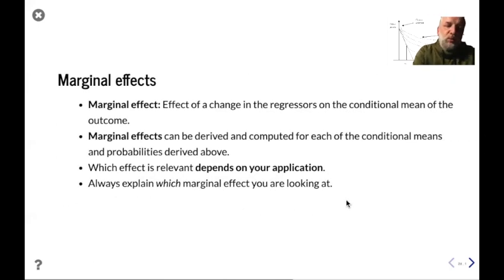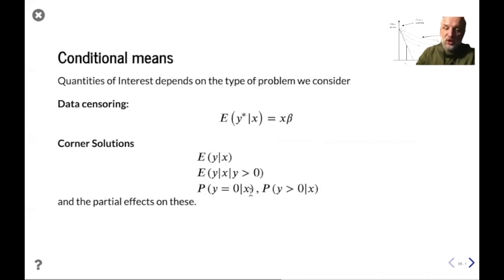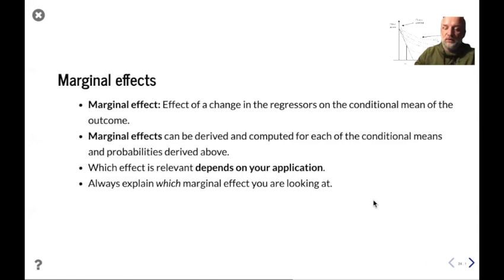And then when you calculate partial effects, you really have to think about whether you're in the data censoring case or the corner solution outcome case. Okay. And you also see that in the latter case, for corner solution outcomes, the effects of the regressors actually become dependent on x, because all these things are not just x beta, they're nonlinear functions of x and beta.